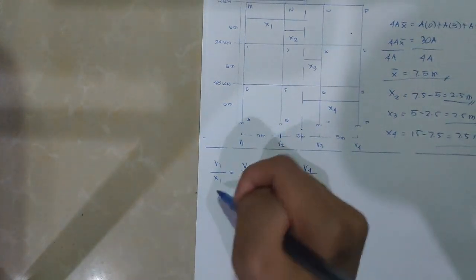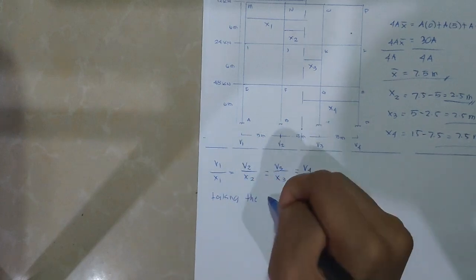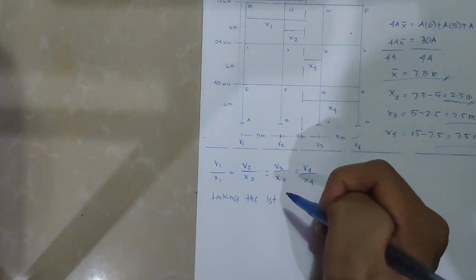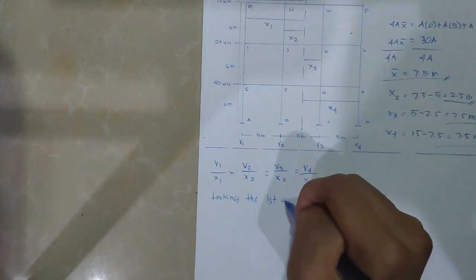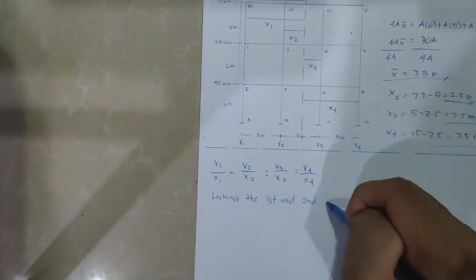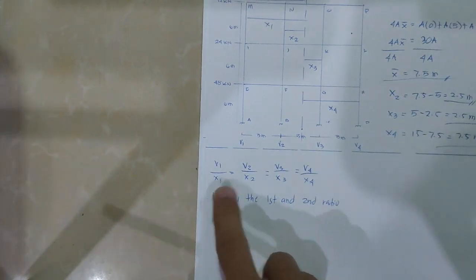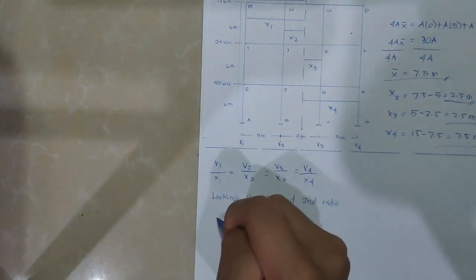First step. Taking the first and second column ratio, V1 over X1 equals V2 over X2.